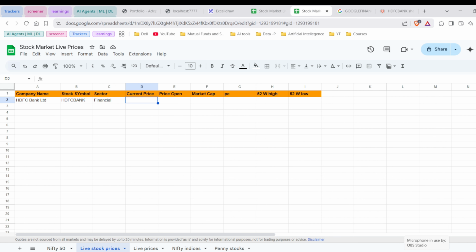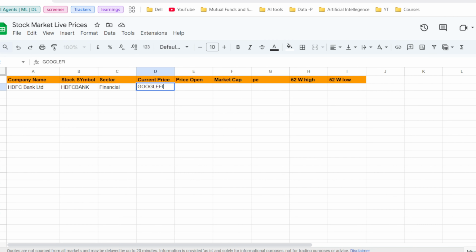So let's write the function GoogleFinance. Here we have to give our stock name. The stock name is held in B2. You can see it is a column, right? B and the row is 2. B2.